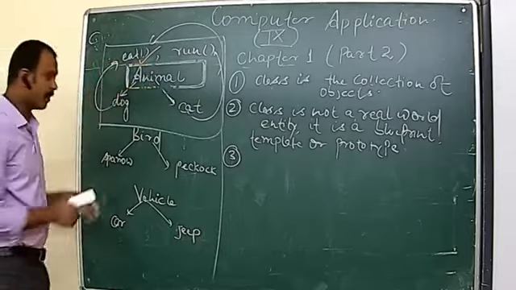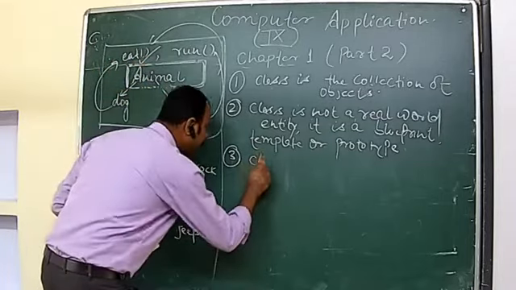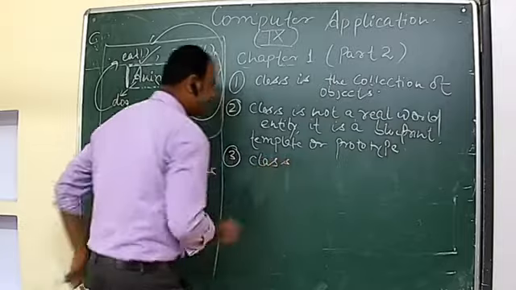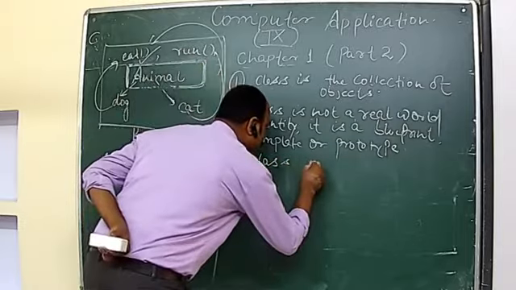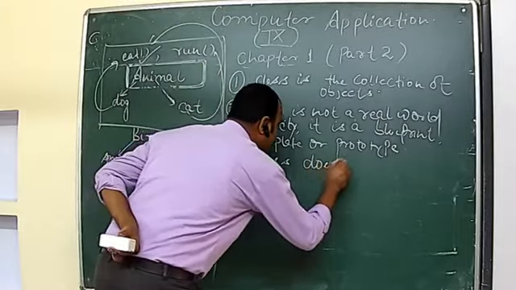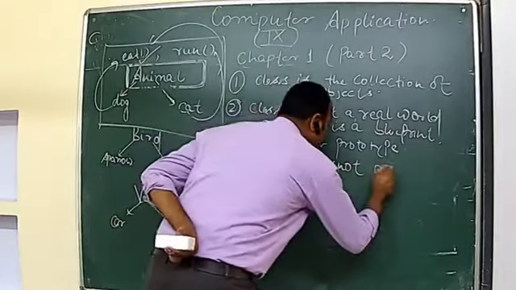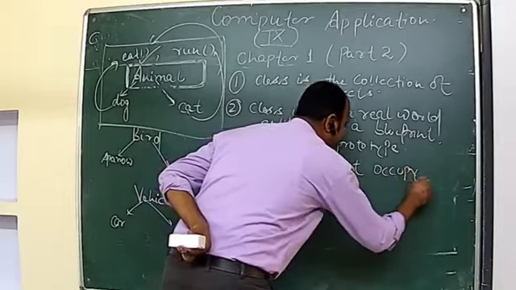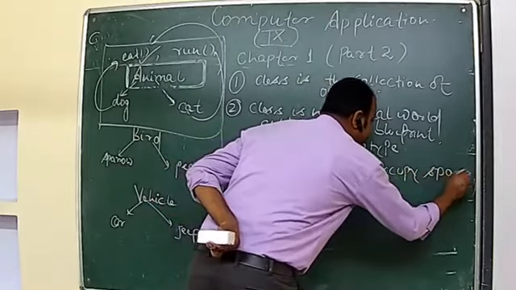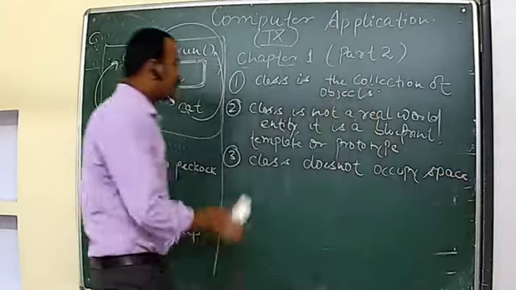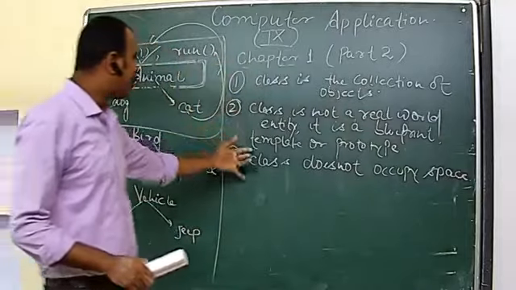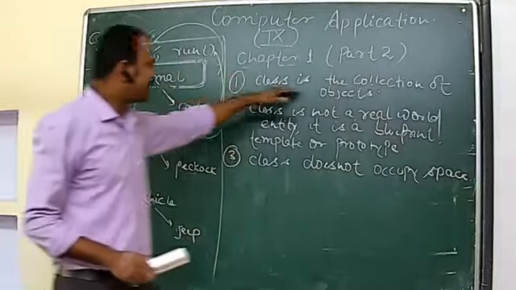So I can write, class does not occupy space. So this is the basic of class. Class is a collection of objects. That's correct.